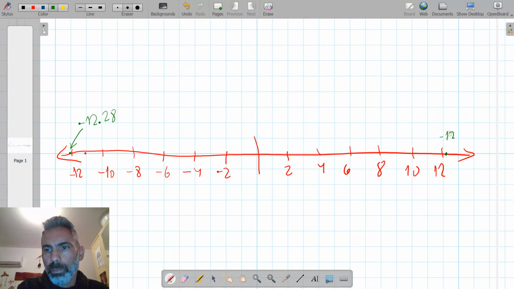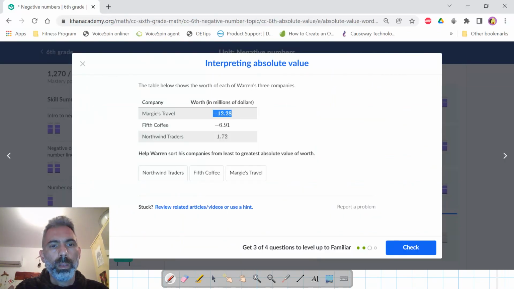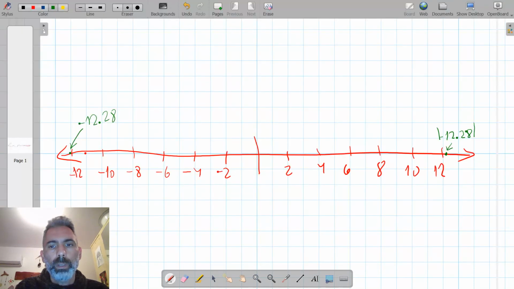Negative 12.28 absolute value is here. Okay. Fifth Coffee, the absolute value is 6.91, which is about here.